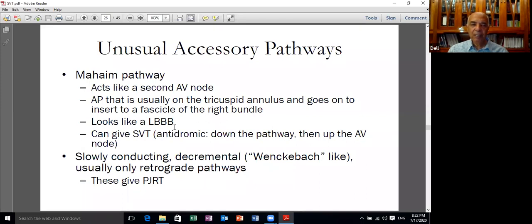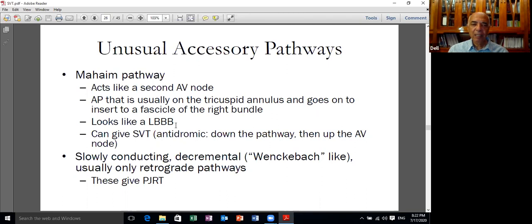If the patient gets tachycardia by passing down the Mahaim pathway, it activates the right ventricle first, so it produces a left bundle branch block tachycardia, and since it activates the right ventricle from the lower side, since it's inserted in the distal right bundle, it produces a left axis deviation.